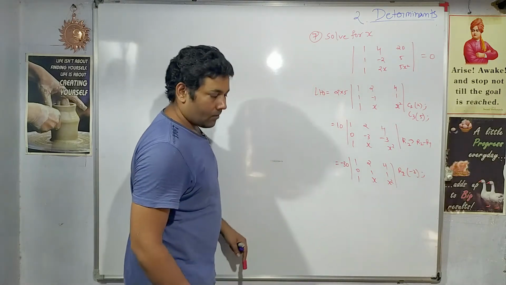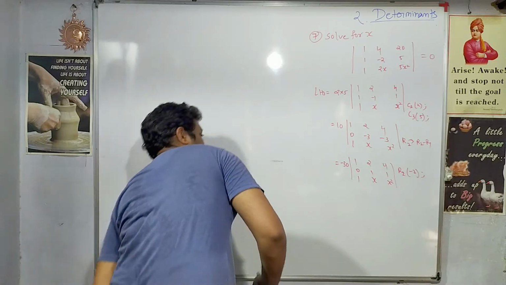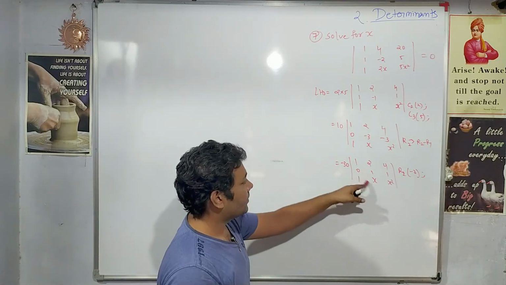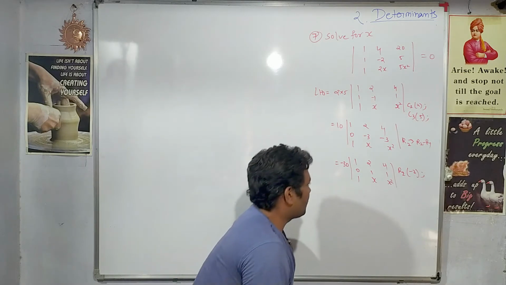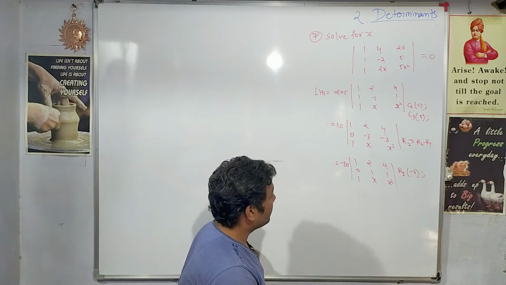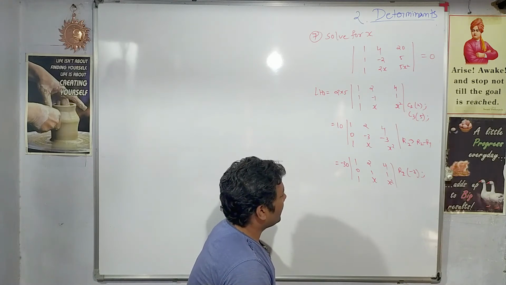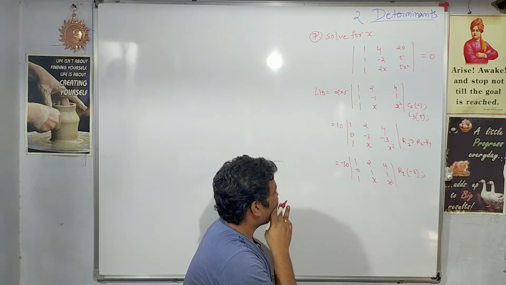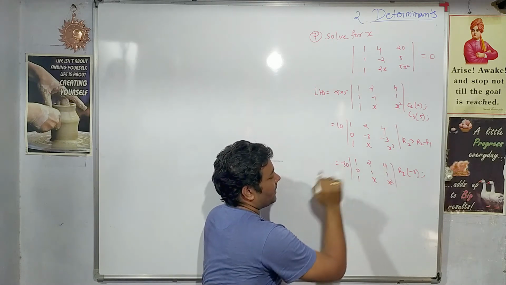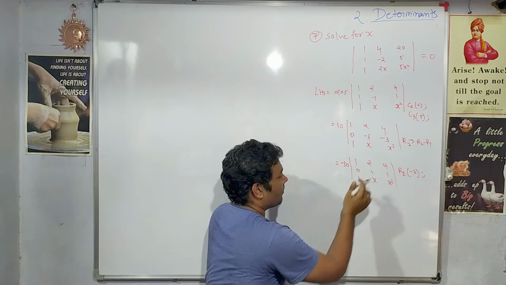Since I have got one 0, I have two options now. Either I evaluate, or I can try for one more 0. I can multiply the second row with 2 and subtract it from the first row, which will make one more 0 here.